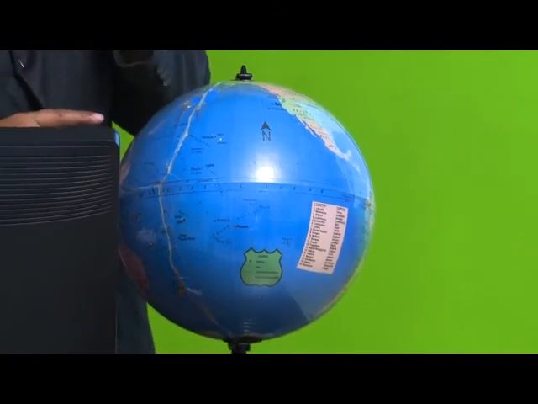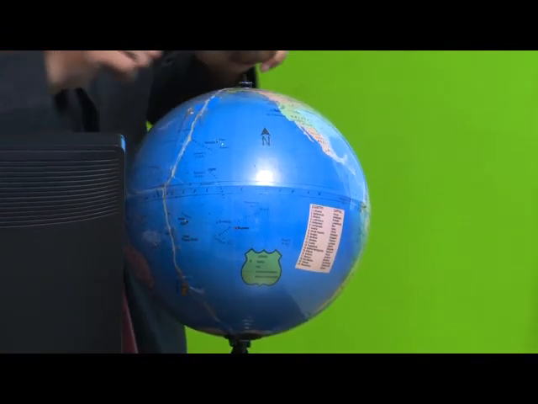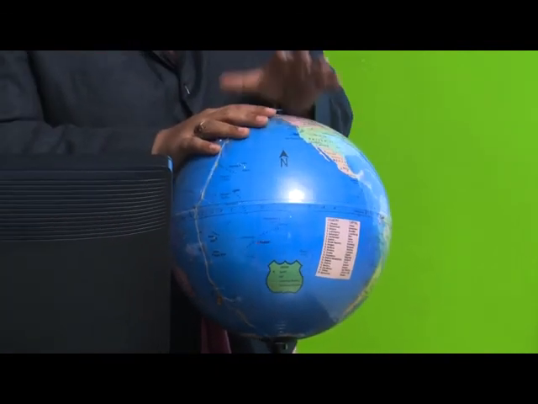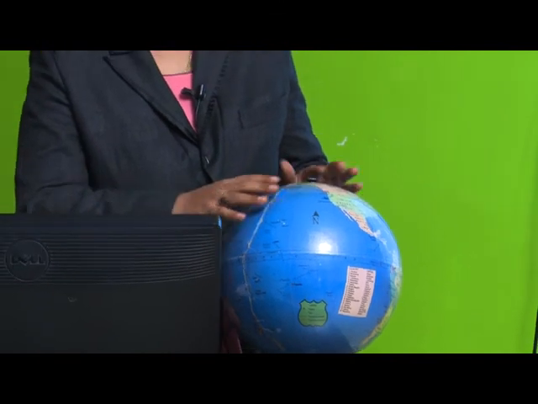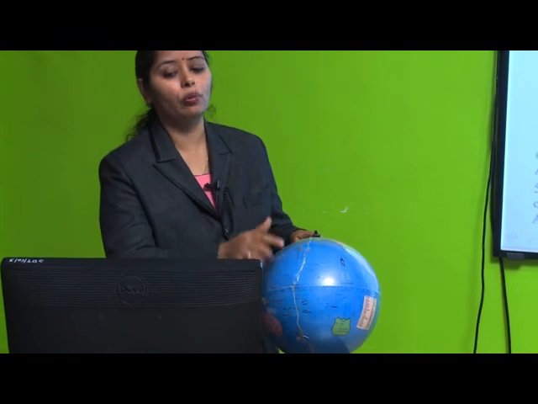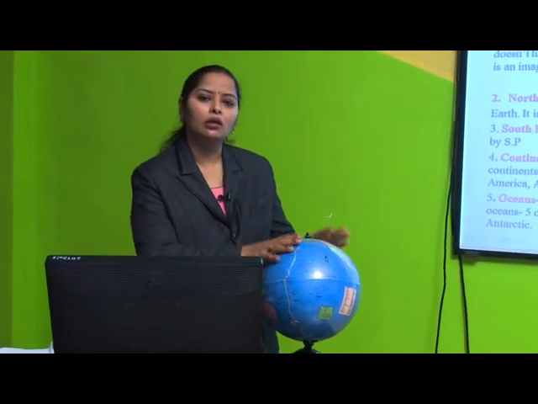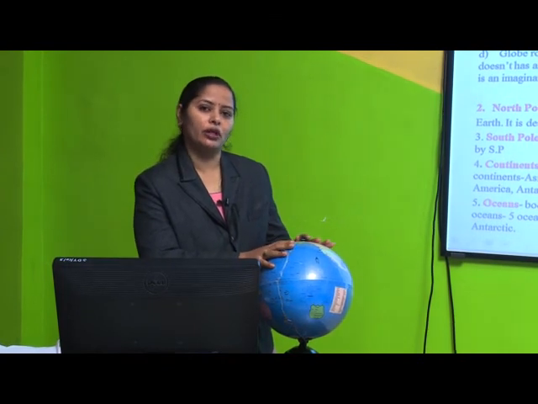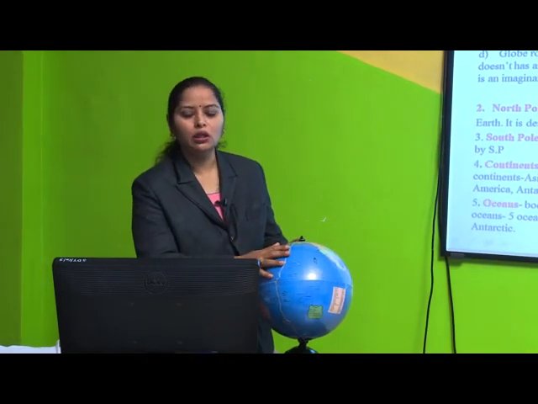These are the 5 oceans which we can see on this globe, and among these the Pacific Ocean is the biggest, largest ocean, and this body of saline water covers near about 74% of the earth, understood. So 74% of the earth is covered by water.